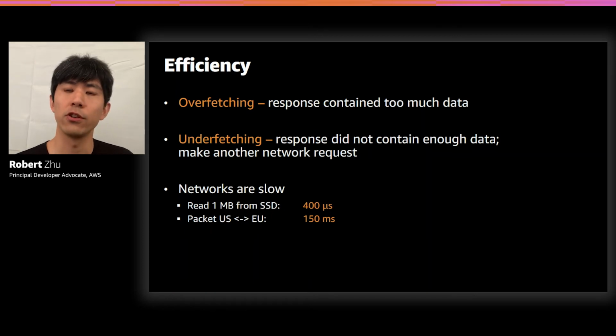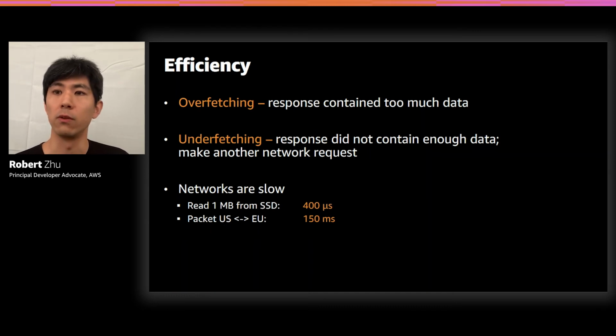And in order to talk about efficiency, we need to talk about how expensive network requests are. Modern networks are really slow. And if you can ever avoid making a network request, you have to try to do so. Because if you can use data that's on disk, let's say, you can read a meg of data. That's a lot of data from a modern SSD in about 400 microseconds. A whole meg of data.